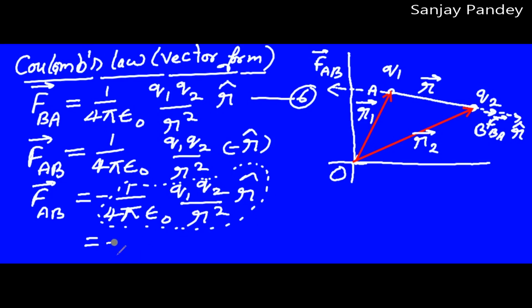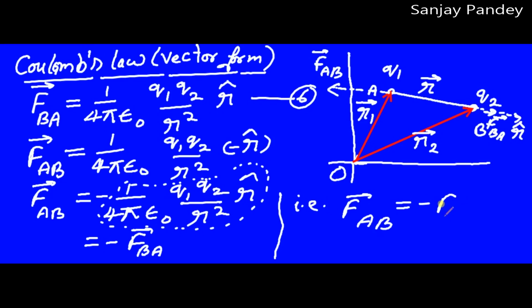It will be equal to minus F BA, that is, F AB is equal to minus F BA.